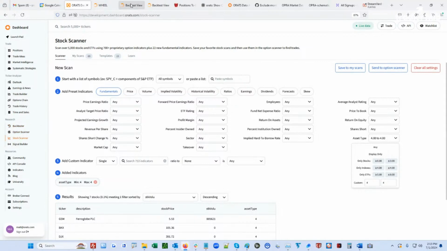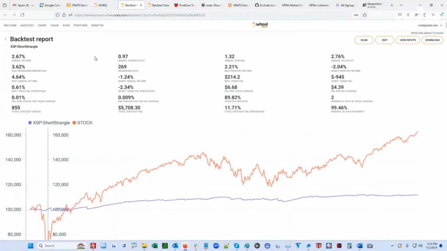And I think the next thing to do is to talk about what we see in similar back tests with XSP, again with a very similar stock price to SPY.